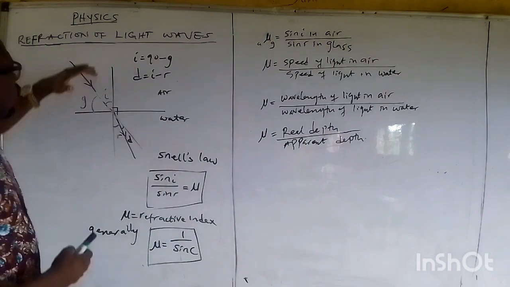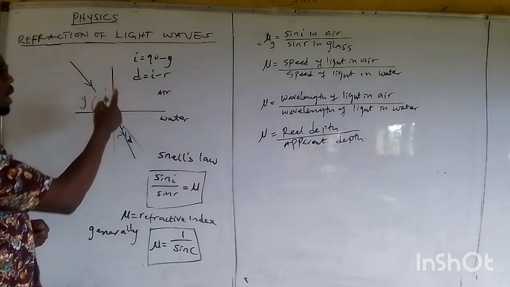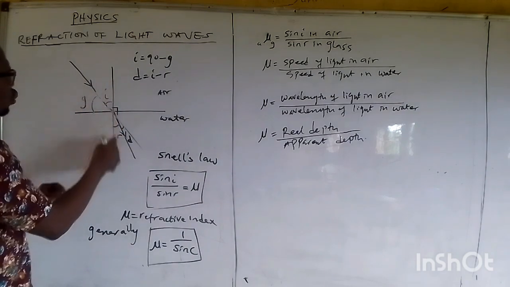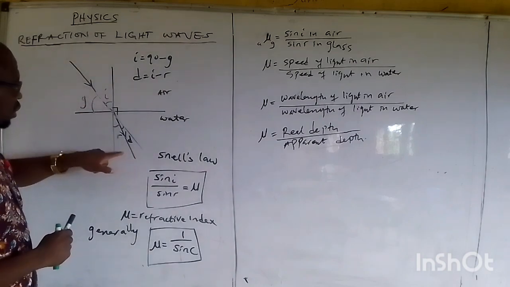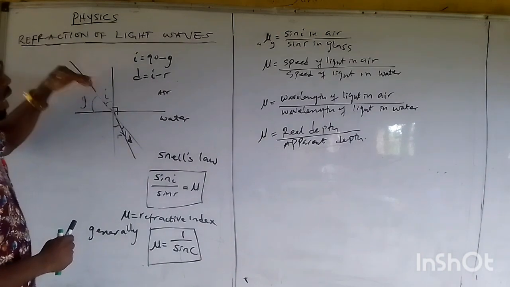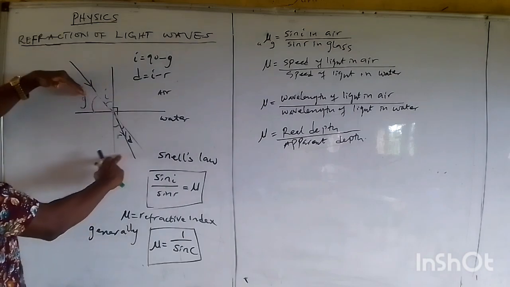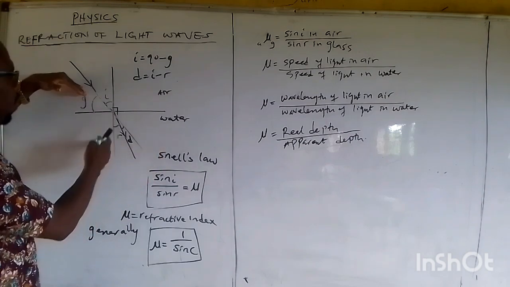For example, of course, you know that angle of incidence and angle of refraction work hand in hand. They are dependent on each other, because especially r depends on i. As you increase your angle of incidence, the angle of refraction will be moving away from the normal line.